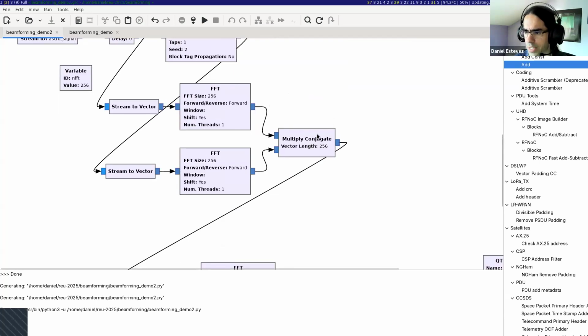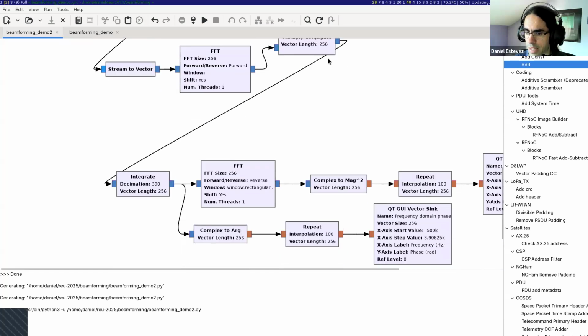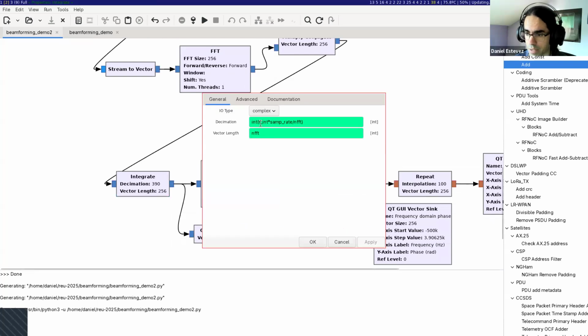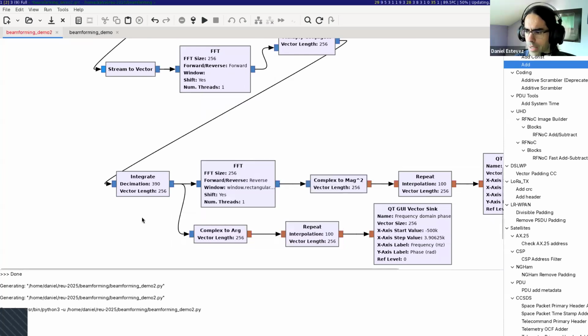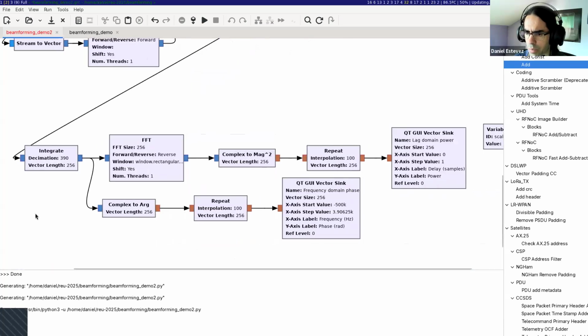So, we do FFTs to channelize into different frequency channels. We multiply in each of the frequency channels the signal from the first receiver by the complex conjugate of the second receiver. And finally, we sum for an integration time. I have set this as 0.1 seconds, and the formula is the usual one. Finally, I'm going to plot two things, and it will be easier to understand when we see the plots.